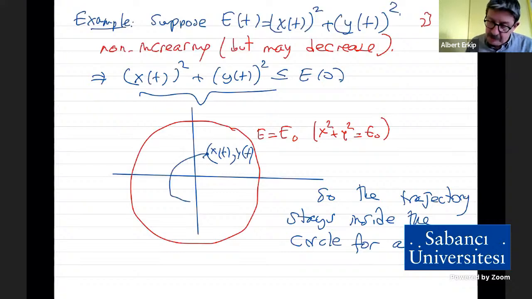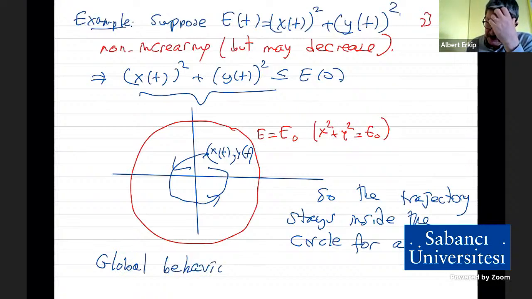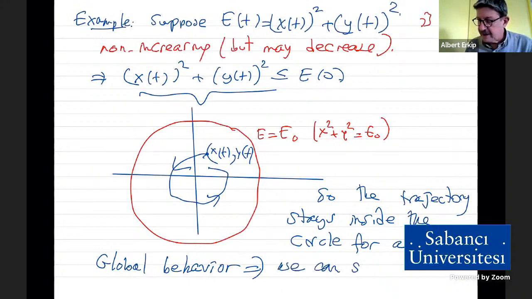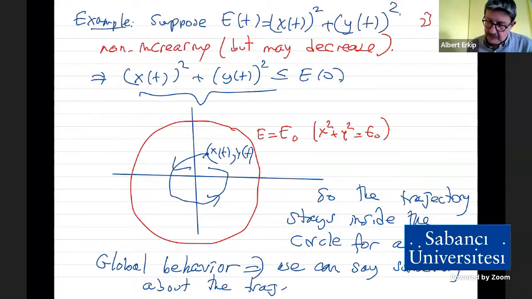So the trajectory should be something like this. You see, this gives an idea. So this is something like the global behavior. Means we can say something about the trajectory. Okay, if it doesn't go out, then it has to stay in, and so on.